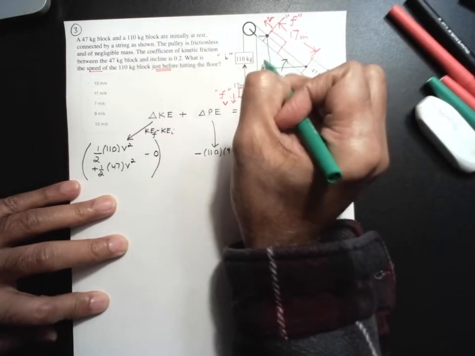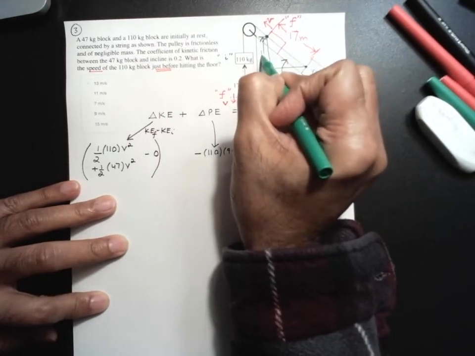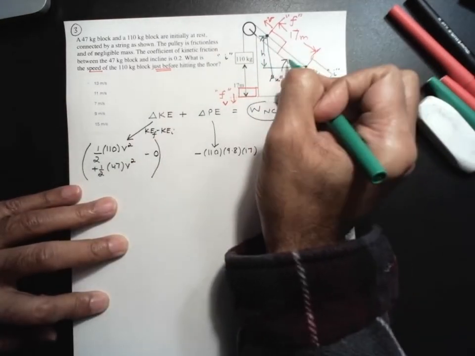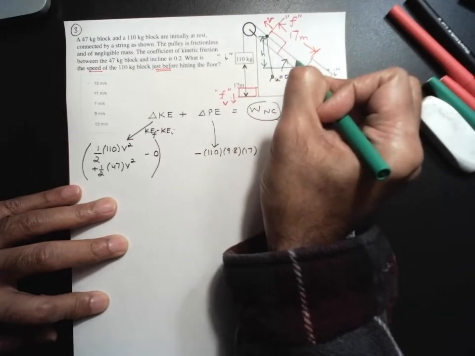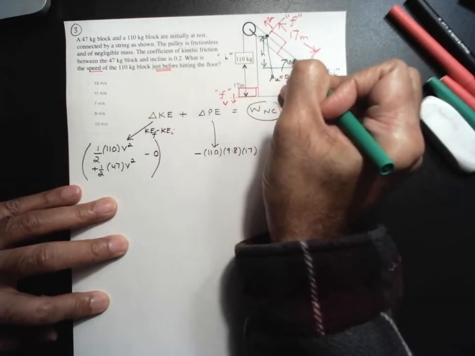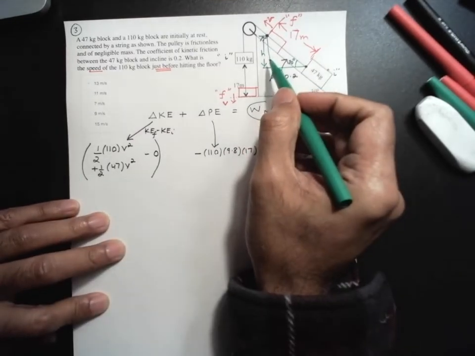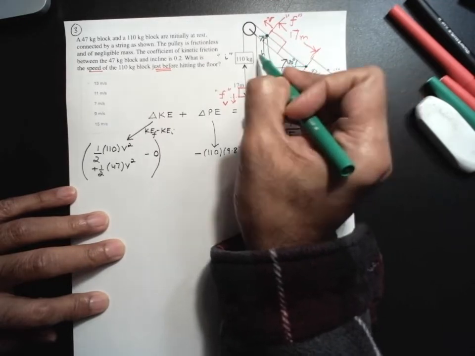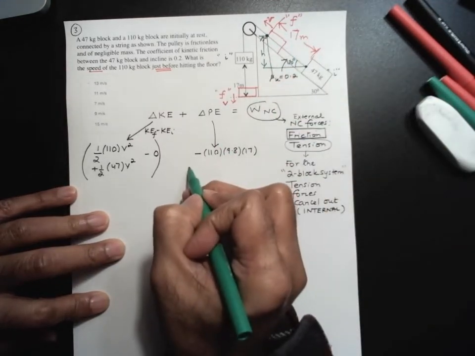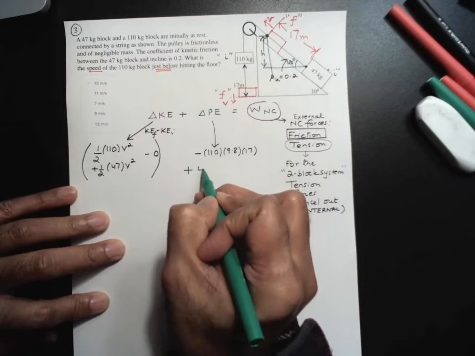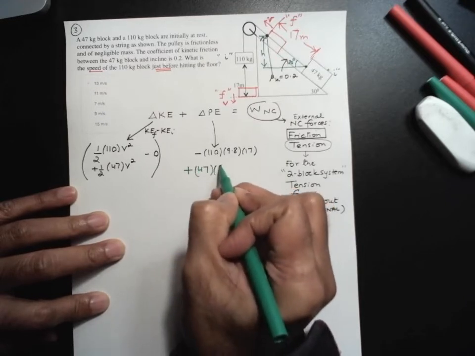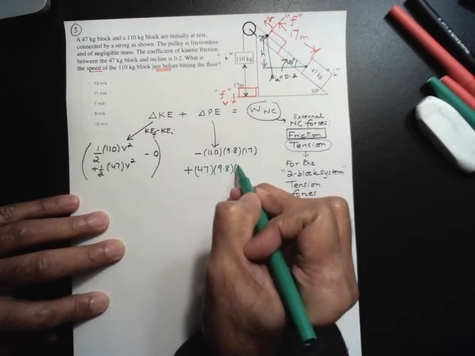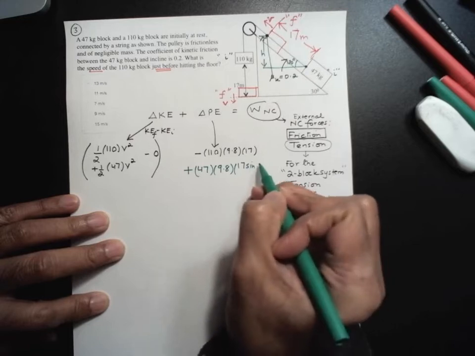This is the height that it gained. And so there's the hypotenuse, 17, and this angle we know is 30 degrees. So the height is clearly the hypotenuse 17 times sine of 30, right? So it gained in potential energy, so plus 47 is the mass, 9.8 is the little g, and then the height gained is 17 sine 30.